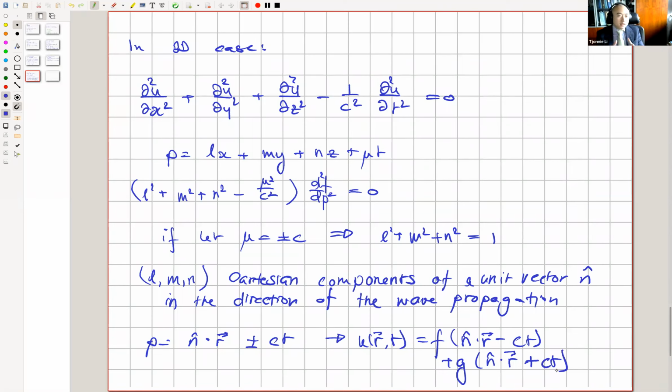Similarly, in the three-dimensional case, the general solution is just given by a traveling wave in the direction of n hat, which is the direction in which it travels. So in the one-dimensional case, it's only x, but this is the three-dimensional version, and it does so at speed c, the constant that is inside the wave equation, and either a forward wave in the positive n hat direction or in the negative n hat direction.